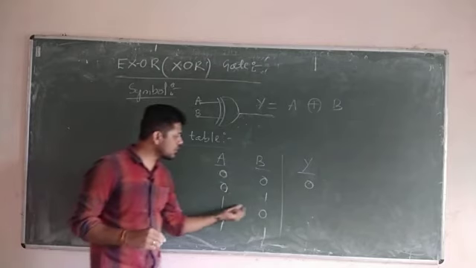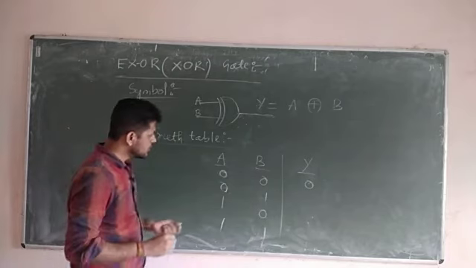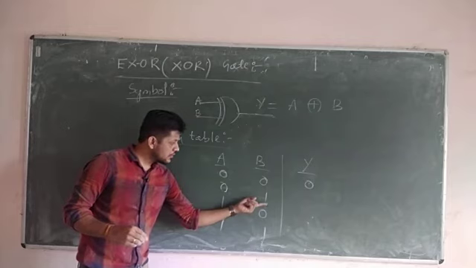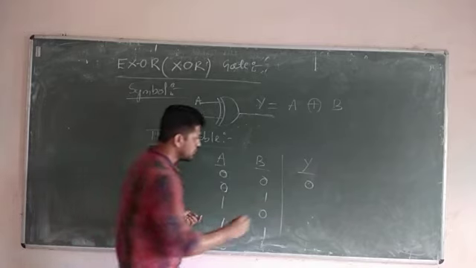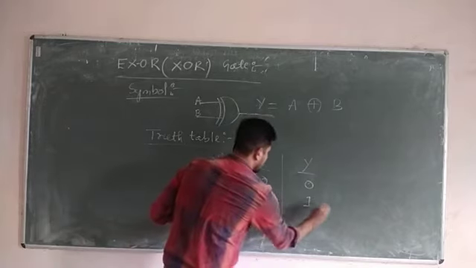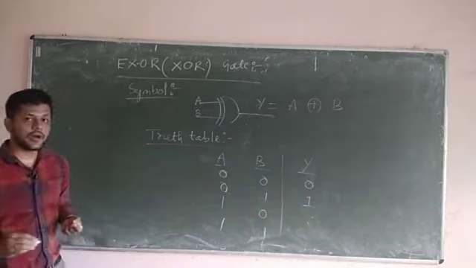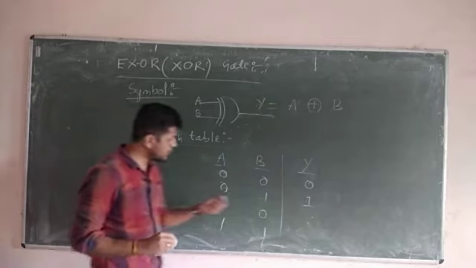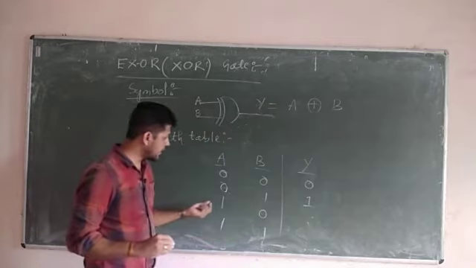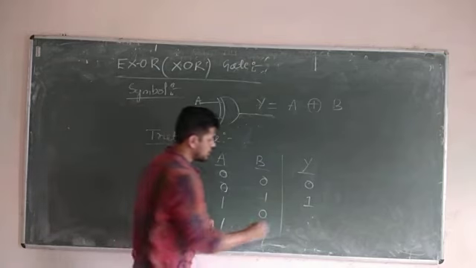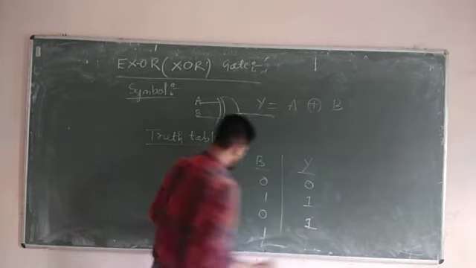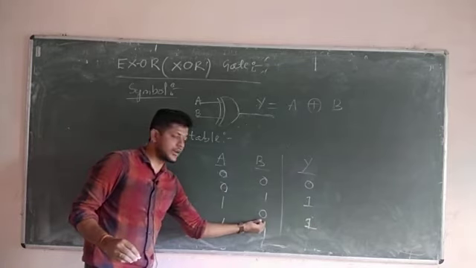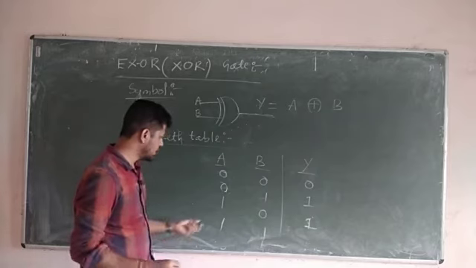Next is 0 1. Here B is 1, that means one of the inputs is 1 and the other is 0, so the output will obviously be 1. The XOR gate output will be 1 if and only if one of the inputs is 1. Again 1 0, here also one of the inputs is 1 and the other is 0, then the output will be 1.